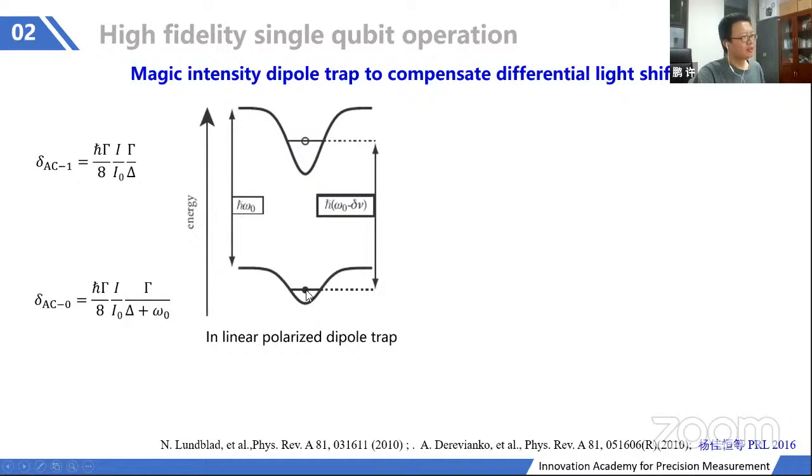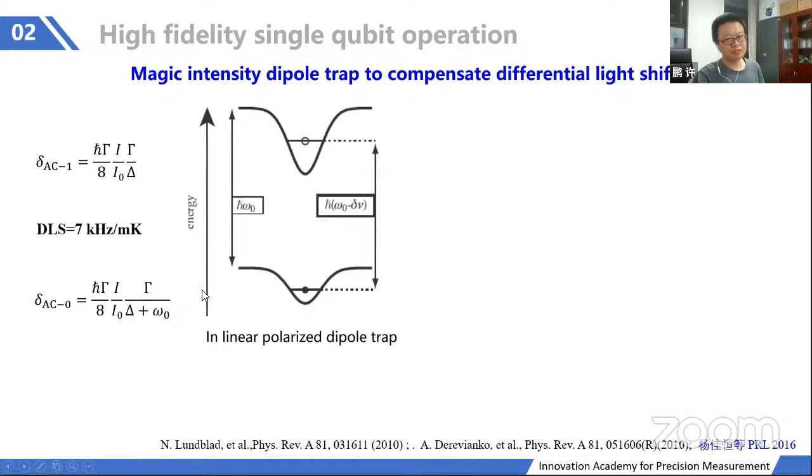For the lower state, it will have some potential like this, and for the upper state, the potential will be different. And the difference is like this. We can see from the AC Stark shift, which is inversely proportional to the detuning. And if the gap between the qubit states is 6.8 gigahertz, then it will see some difference.